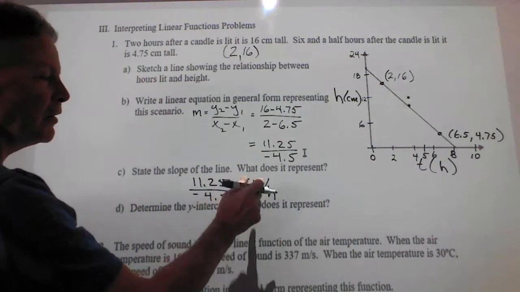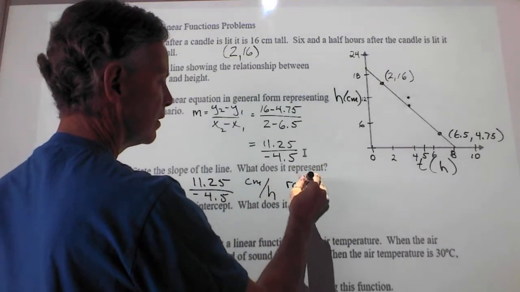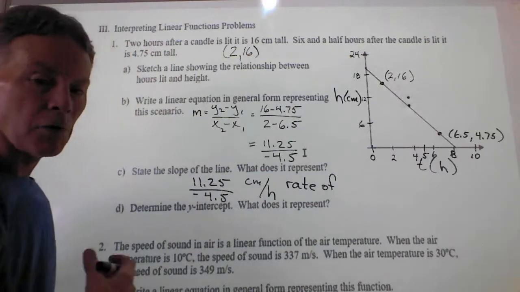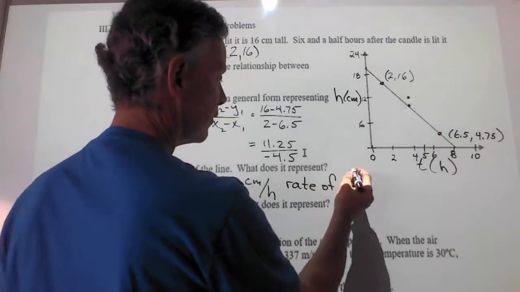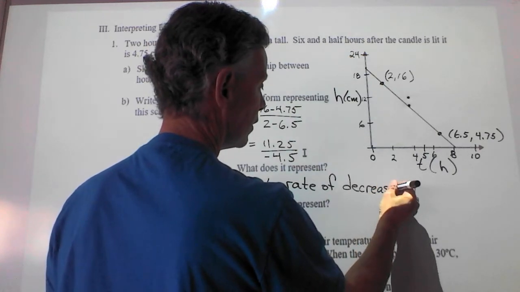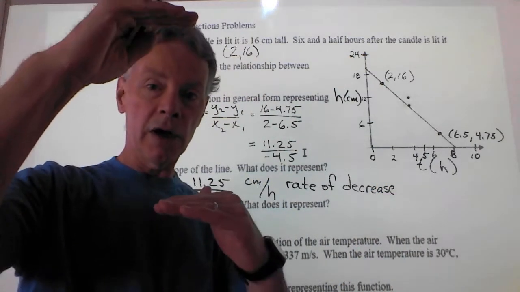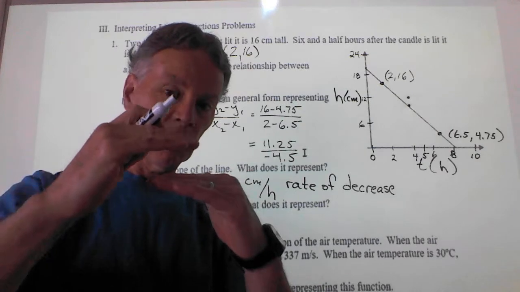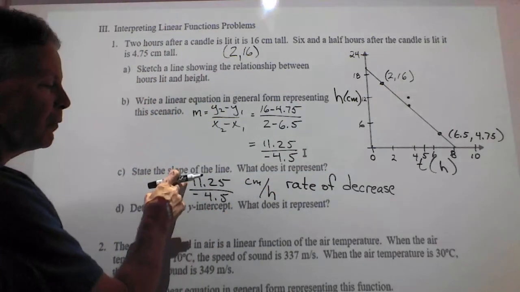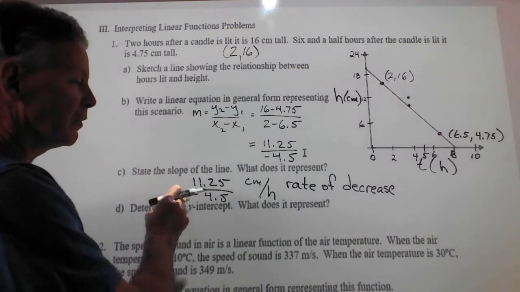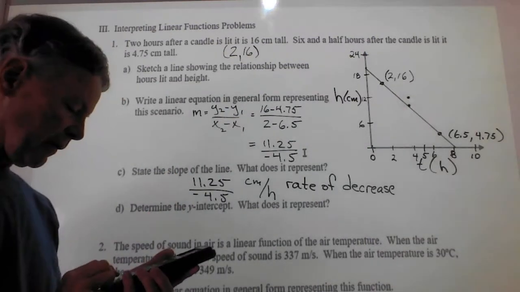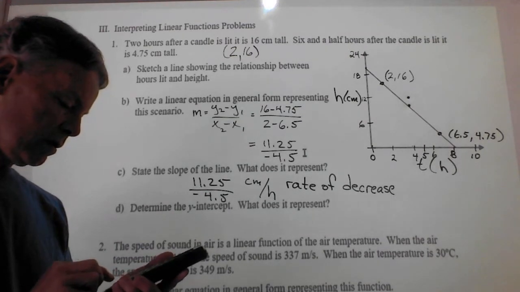So you can think of it as the rate of burning or the rate of decrease in height. In any event, the candle is shrinking, right? It's burning and it's getting smaller and smaller. And it's getting smaller at a rate of 11.25 centimeters per hour.